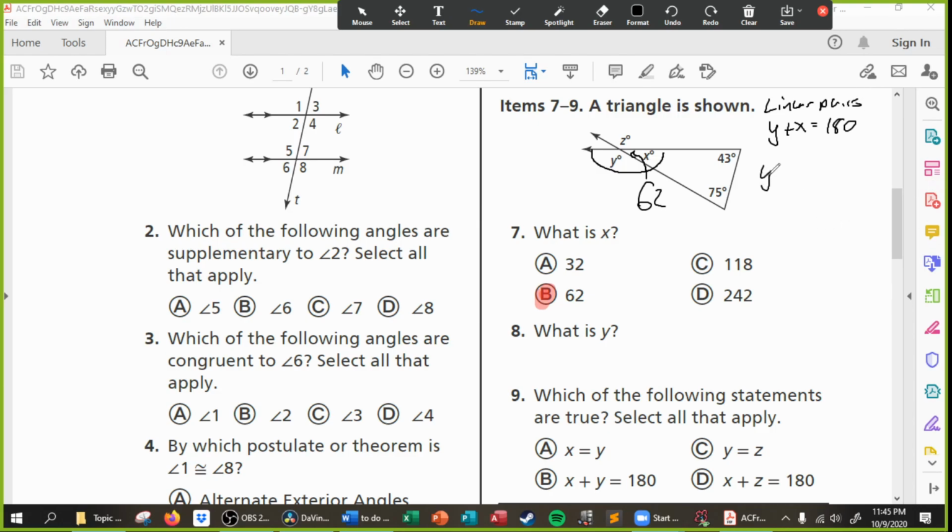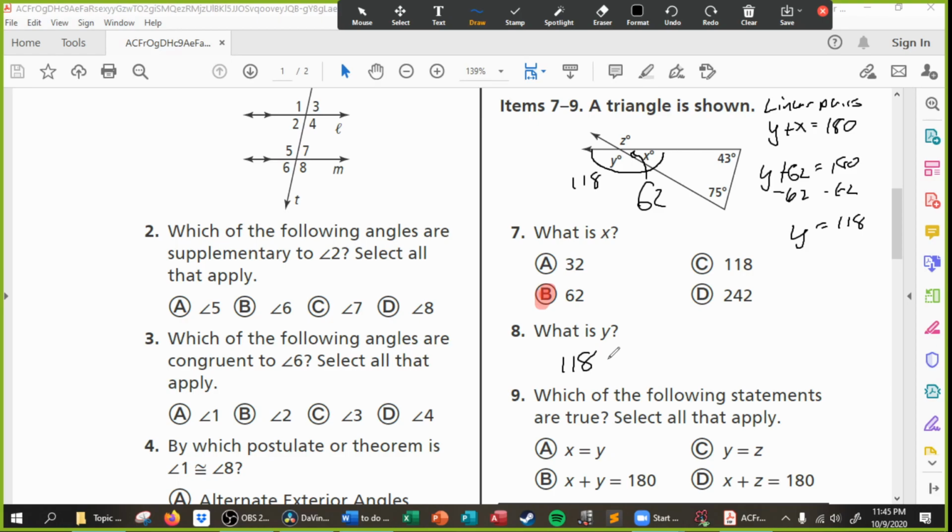And I know x is equal to 62. I can subtract 62 from both sides, and I would get y equals 118. So my answer for number 8 is y equals 118.